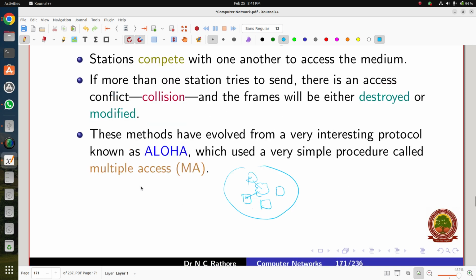This situation is known as collision. When two stations transmit simultaneously, we say that a collision has occurred. Collision means two signals have been combined and formed a signal that the receiving device cannot decode.